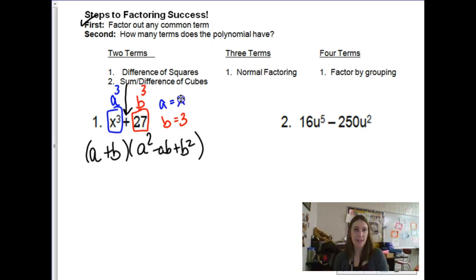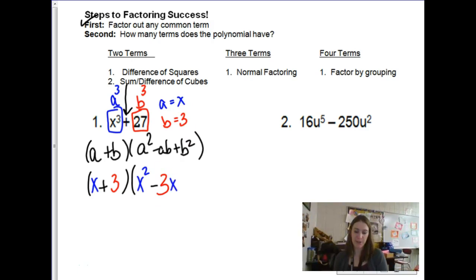So we're going to take this a and this b and plug it into this formula. Here we go. So a, which is x, the signs are already built into the formula. That's why I like this a lot. A plus b is x plus 3. And then a squared would be x squared, minus a times b, which would be x times 3, better known as 3x.